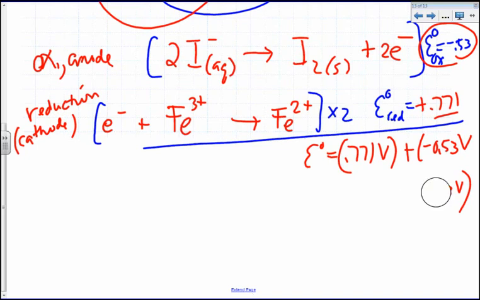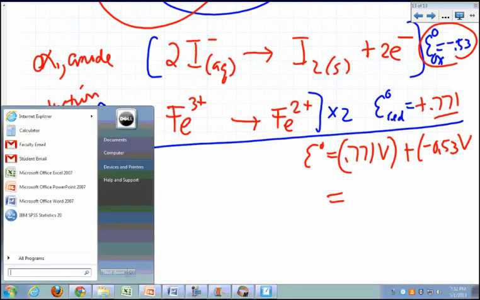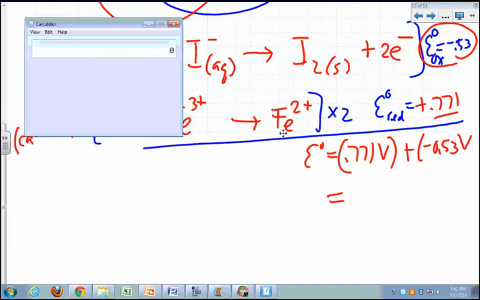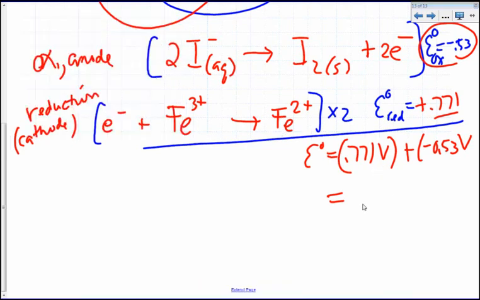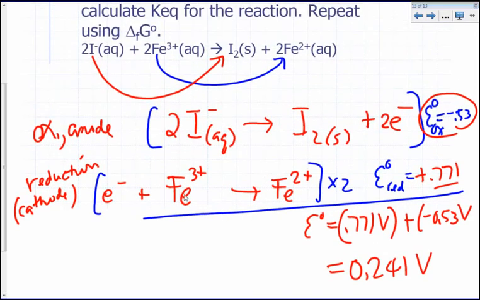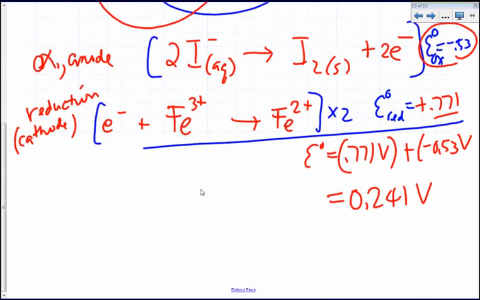Either way, this is going to be 0.771 minus 0.53. That's 0.241 volts. Alright, so if that's the case, how can I calculate KEQ?